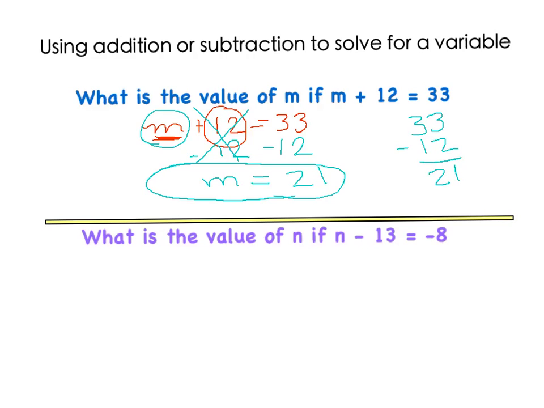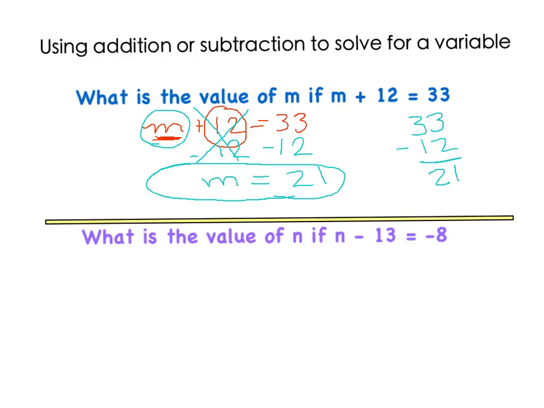Now, the problem on the bottom is similar, except for the fact that we have subtraction involved instead of addition. So it says, what's the value of n if n minus 13 equals negative 8? Well, when they originally wrote this problem, they wrote it n minus 13 equals negative 8. So they took some number, subtracted 13, and they got negative 8.